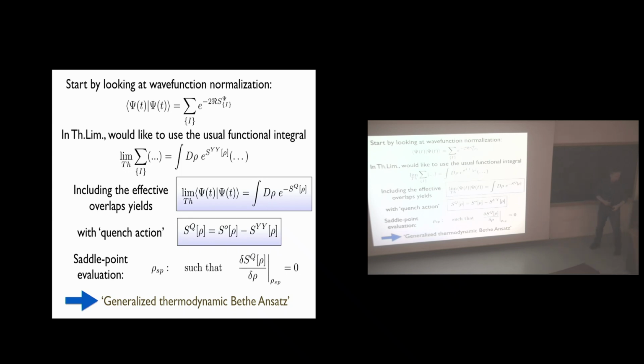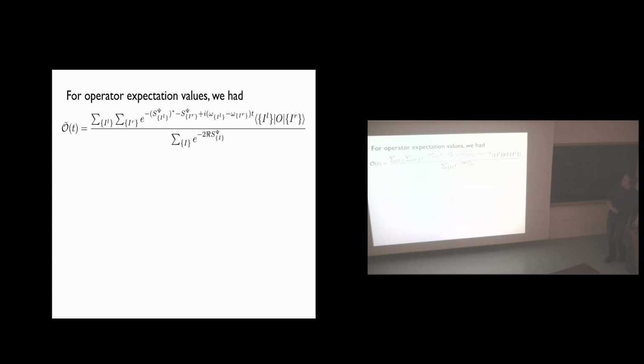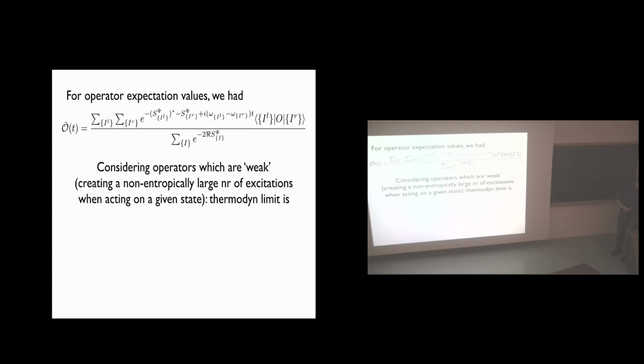So at that stage, we would have characterized our steady state. And now going back to my formula for the time evolution, I now will apply this saddle point evaluation to both numerator and denominator of that thing. Now in the denominator, that's the calculation we just made. In the numerator, I have another object here, which is the operator that I'm interested in, sandwiched between these two eigenstates.